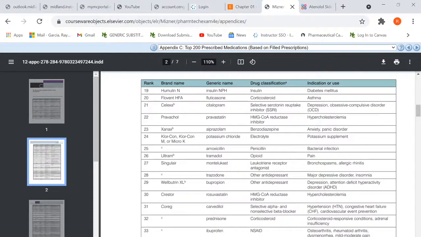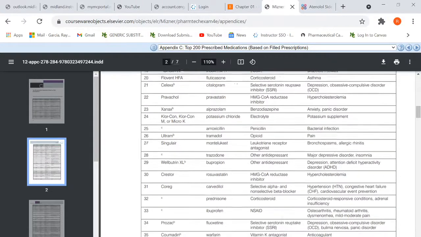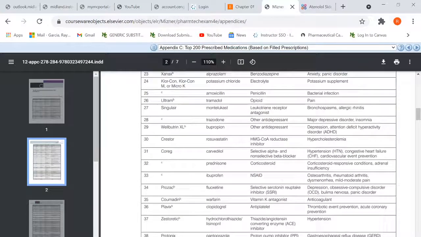Here's another HMG-CoA reductase inhibitor that I did not get: rosuvastatin, or Crestor, and that's for hypercholesterolemia. Again, same indications. Let's see, beta blocker.